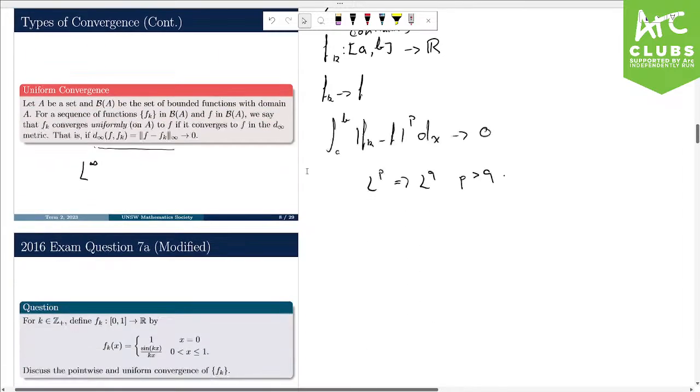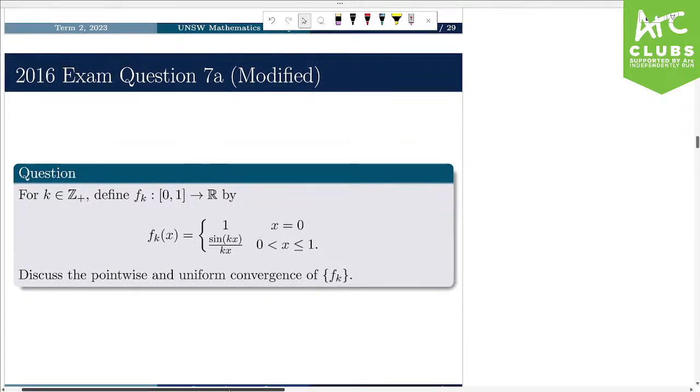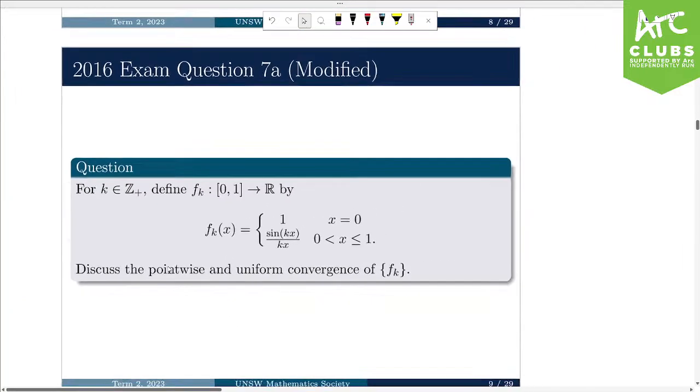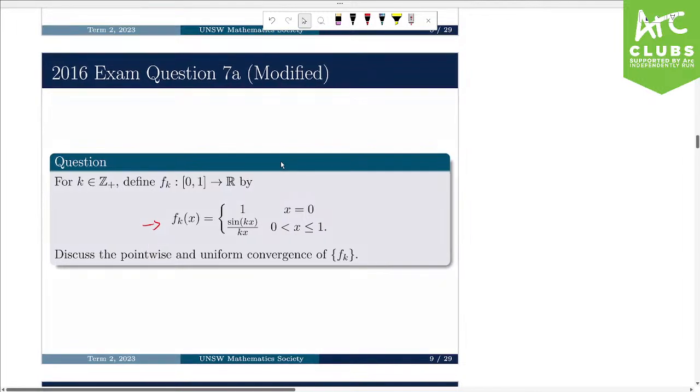Okay, now let's do the first example question from the 2016 exam. So we have a sequence of functions defined like this, and we want to discuss the pointwise and uniform convergence of this sequence. So let's start by drawing out what this function looks like.